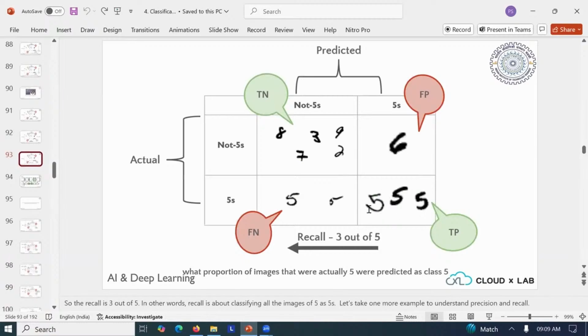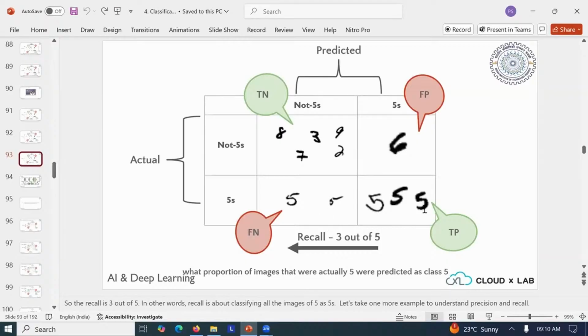Yes. So now what will happen? Some 5 cases will be predicted as not 5, right? For example, if you use a very high value for the threshold, then maybe this 5 the model may predict as not 5, right? And that will reduce recall, because now one or two samples may go to this side, as some 5 cases will be predicted as not 5. So that will reduce recall.